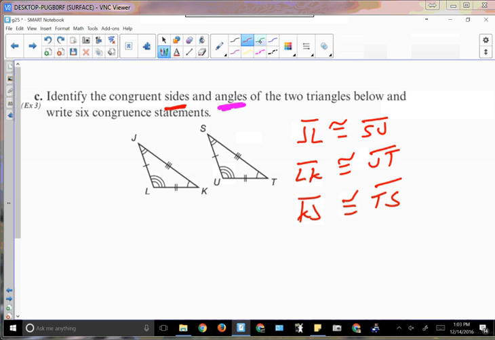So, Mason, what about the angles? What do we got there? Okay, so that's congruent too. It isn't enough to label them. We've got to say the words congruent to that. So what was the next one?